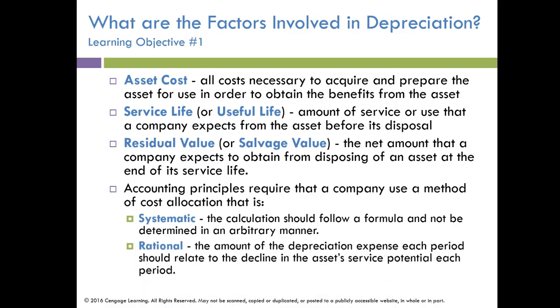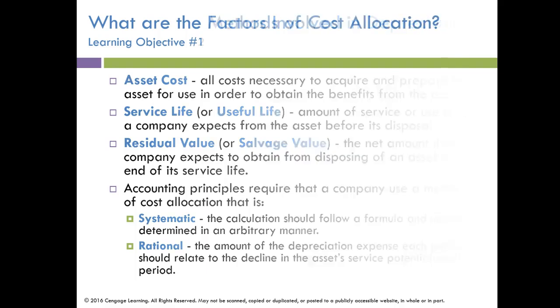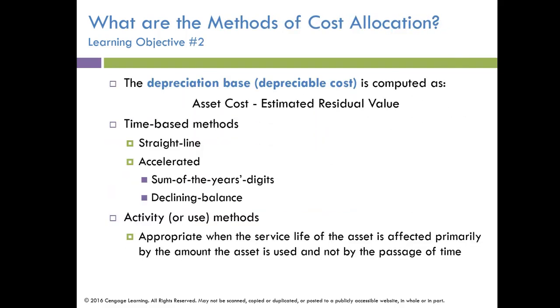And we need to employ a methodology that is systematic and is rational given the nature of the item that we are depreciating. So first, we start out with trying to figure out what our depreciable base is. What are we looking to depreciate? And that calculation is the asset cost minus the estimated residual or salvage value.